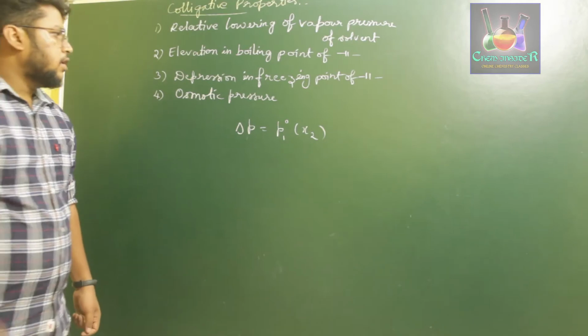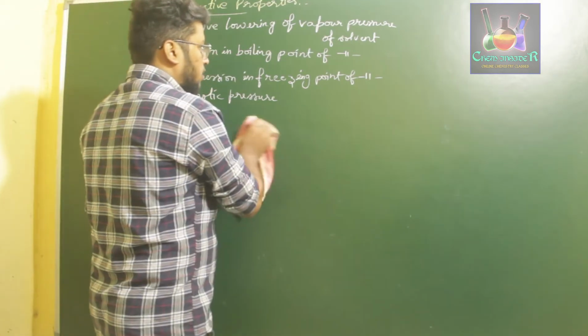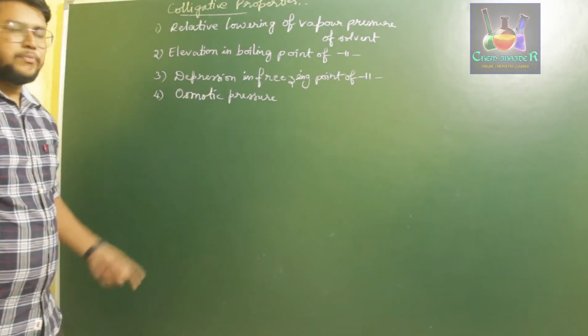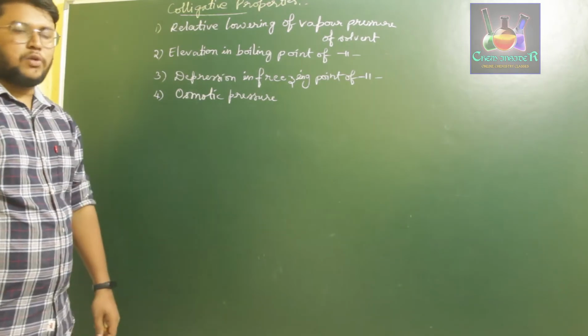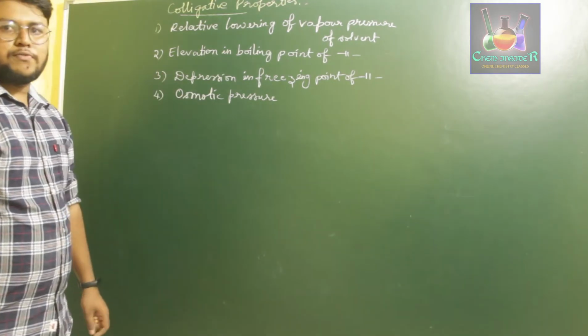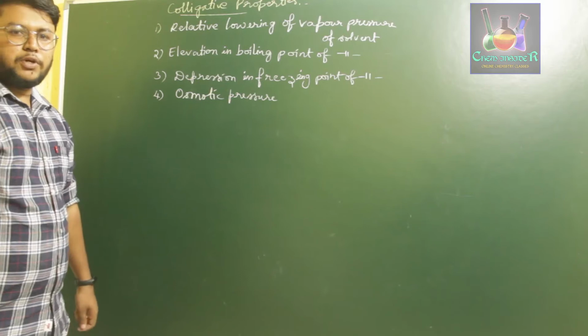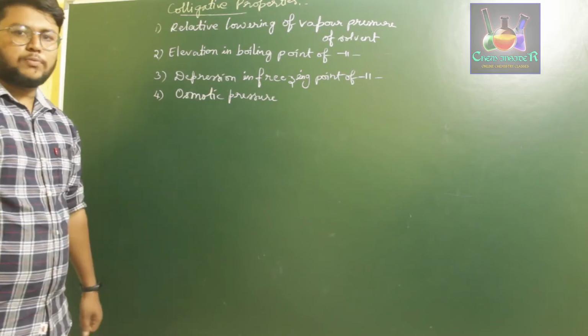So using this relation, we are going to discuss the relative lowering of vapor pressure of solvent, elevation in boiling point of solvent, depression in freezing point of solvent, and lastly the osmotic pressure.